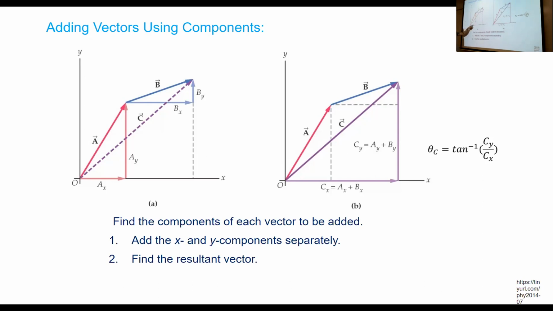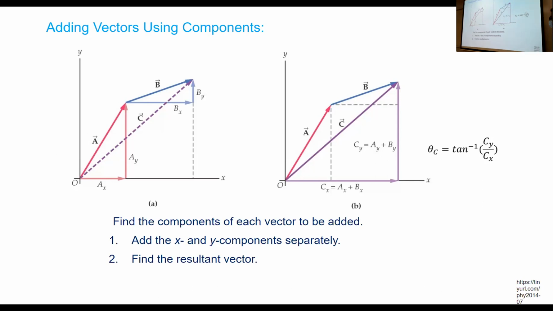You can figure out the x component and y component of A, and the x component and y component of B. Then the resultant will be the C vector pointing from the tail of the first vector to the head of the second vector. The x component of the resultant is Ax plus Bx, and the y component is Ay plus By.